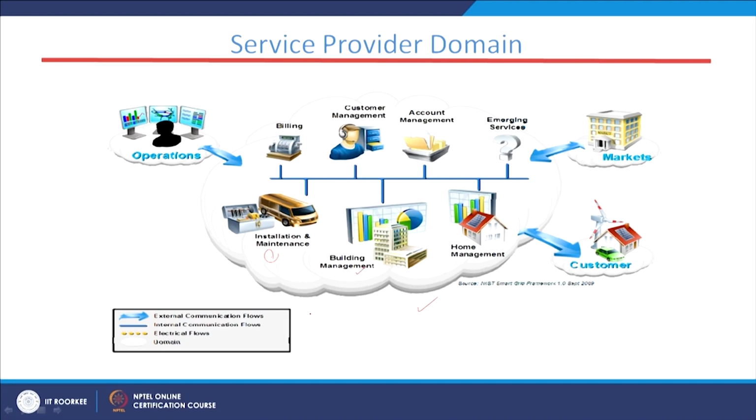Then the second one is the building management, third one is home management, and the fourth one is emerging service, and the next one is account management, customer management, and finally we have the billing system. So, these are the essential components of the service provider domain in a smart grid system.